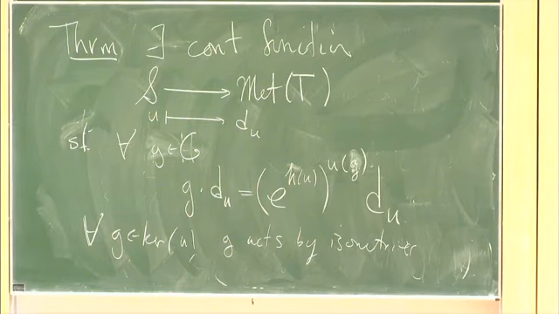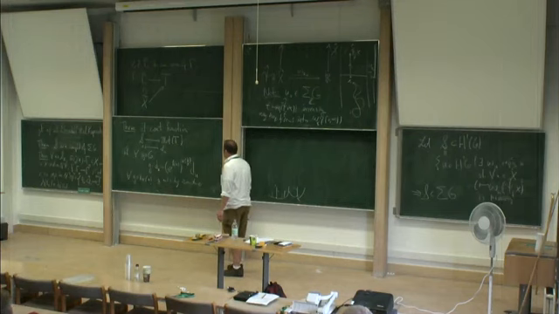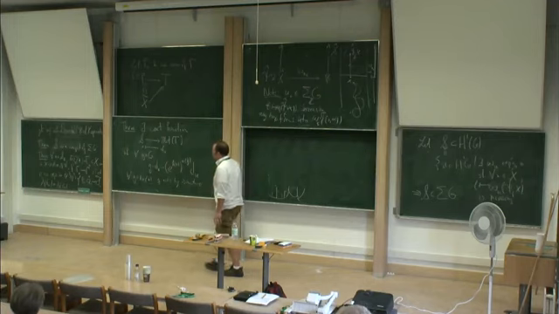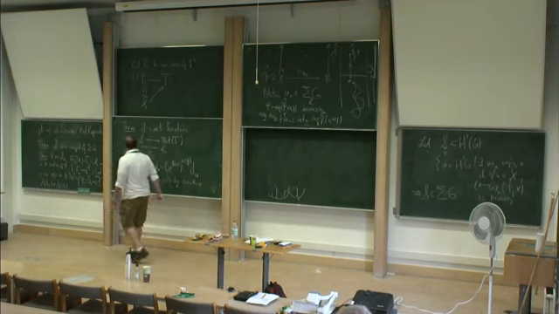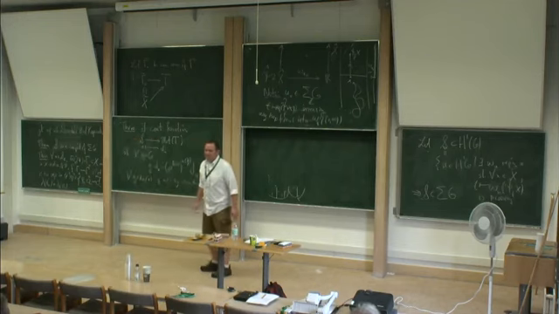So let me finish with a few comments about this. So the existence of this function comes from our proof of the theorem that I just erased, which involves this construction of this polynomial.